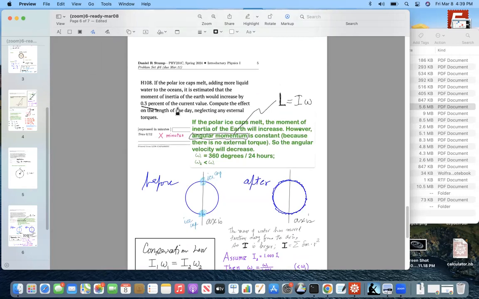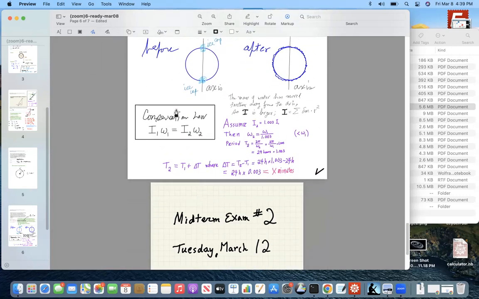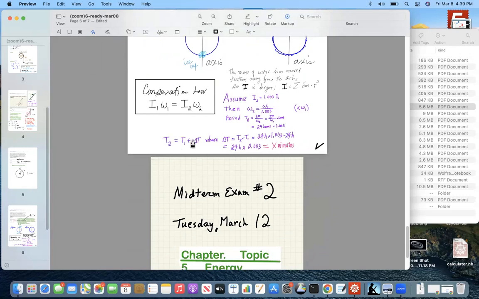So what it asks is, what's the effect on the length of a day? Well, the time will increase by some number of minutes.